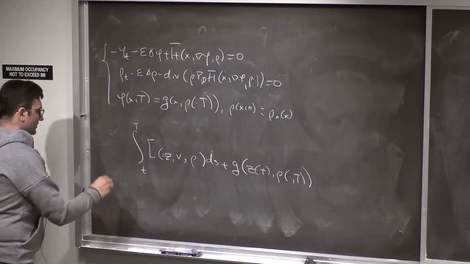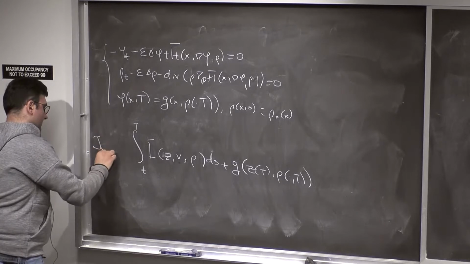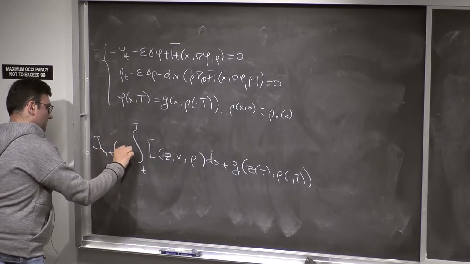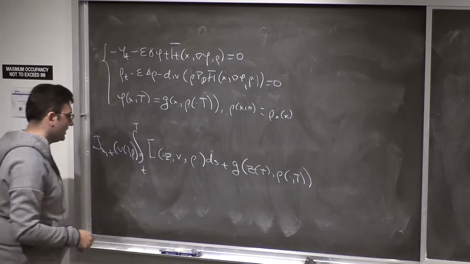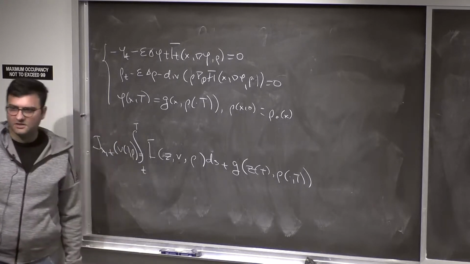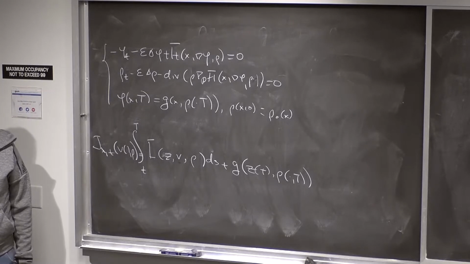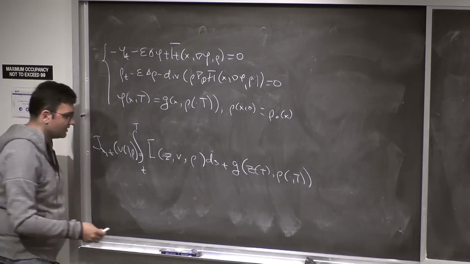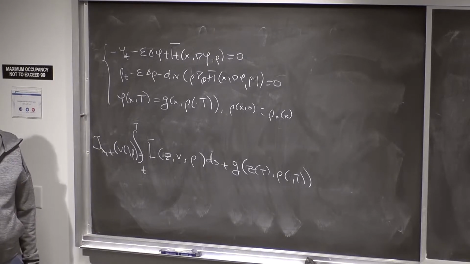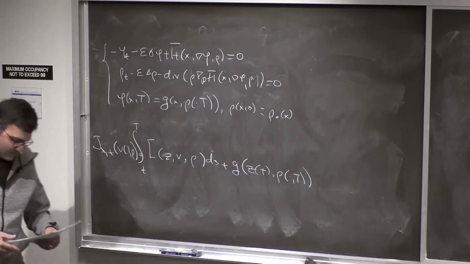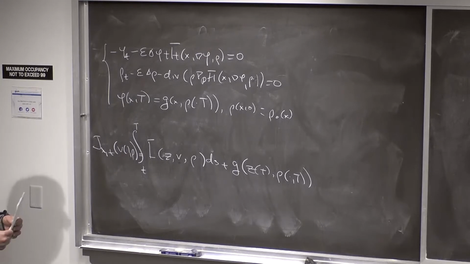So this is the cost of the individual agent, it depends on v and rho. I'm going to be abusing the notation by interchangeably using rho for the measure or its density when it's absolutely continuous. I'm going to do this a lot.